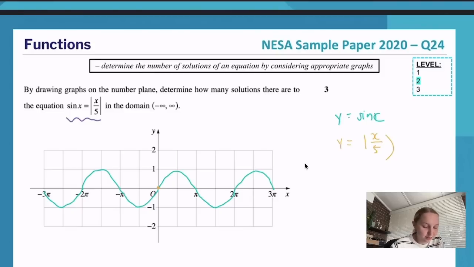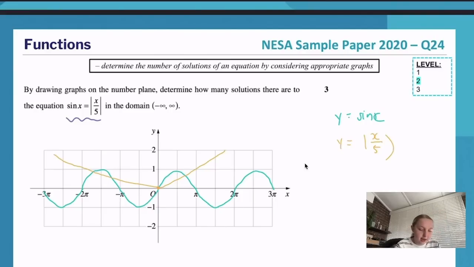It's got a gradient of 1 on 5. I don't have a ruler, so I'm going to try my absolute best to draw this properly. Okay, it's a bit lopsided, but get the vibe.